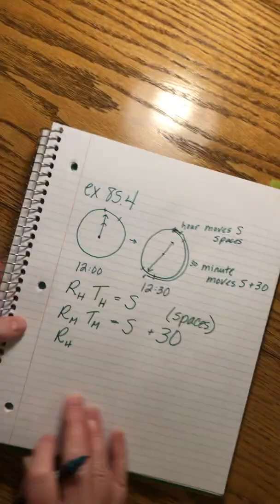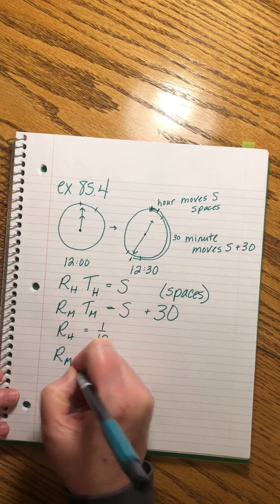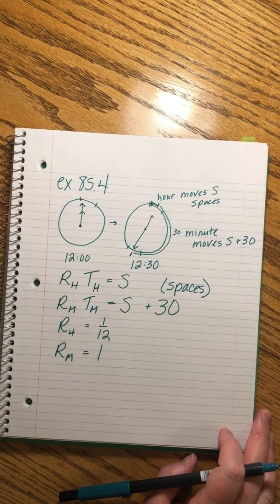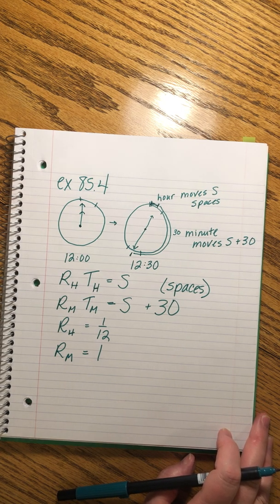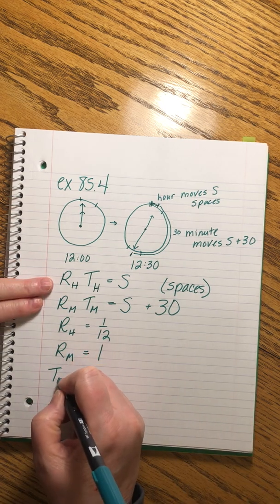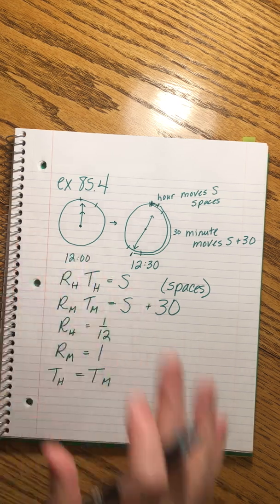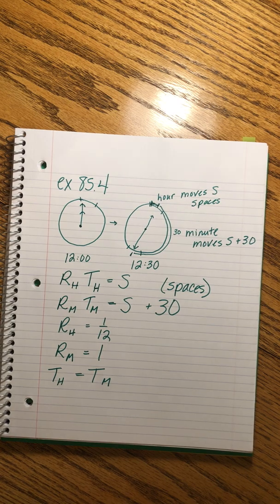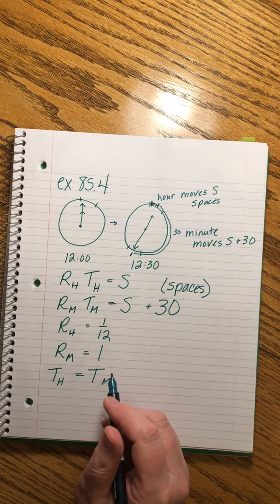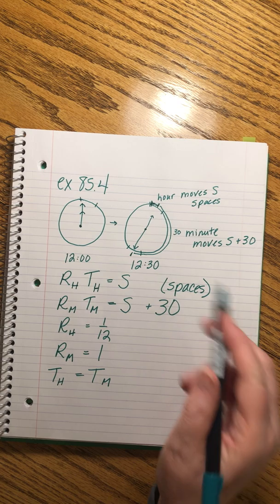The rate of the minute hand is 1. And we know that the time of the hour hand has to equal the time of the minute hand, because we're not going to let one move longer than the other. It's always the same, right? So here is what you need to know in order to set this up.